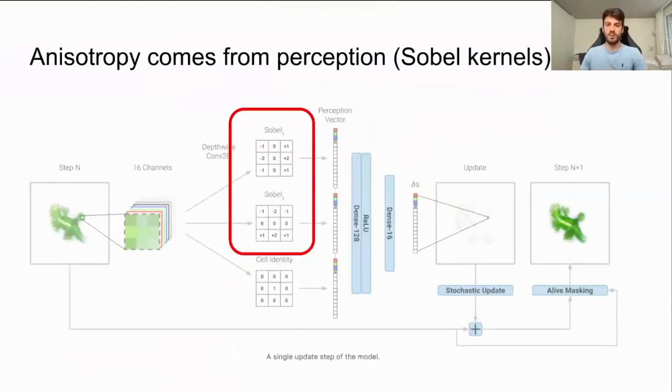They perceive the environment by using Sobel filters, Sobel kernels, which are the way that you can perceive gradients of the states of your neighborhood. In this way, you have two filters, one for the x coordinate and one for the y coordinate, that essentially breaks the isotropy immediately and makes them anisotropic.